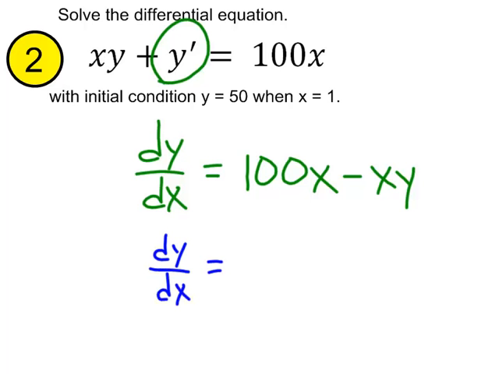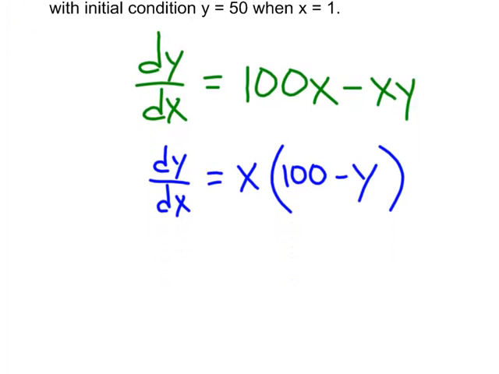Let's factor out the greatest common factor on the right-hand side, which looks to be an x, meaning that inside the parentheses we'll get 100 minus y. So now it would be appropriate to multiply the dx over to the right side of the equation.